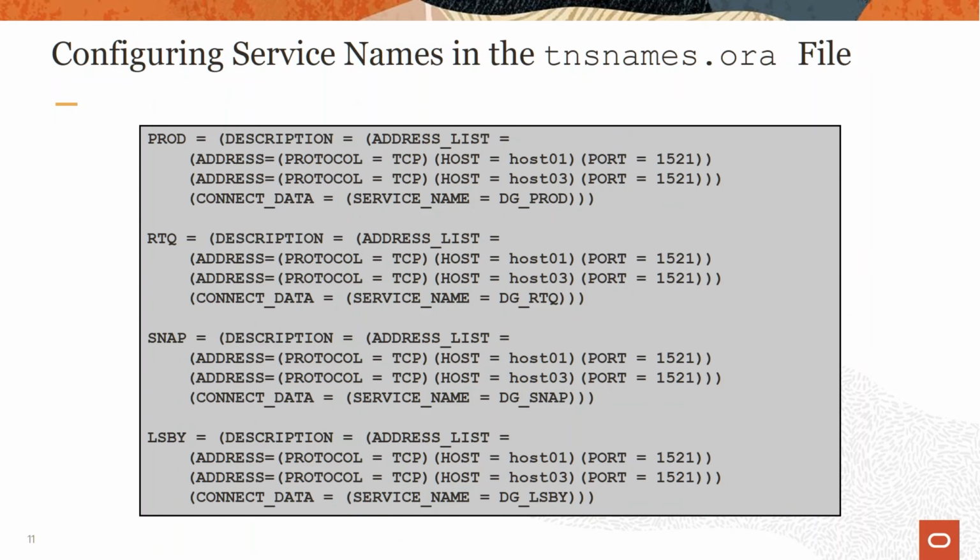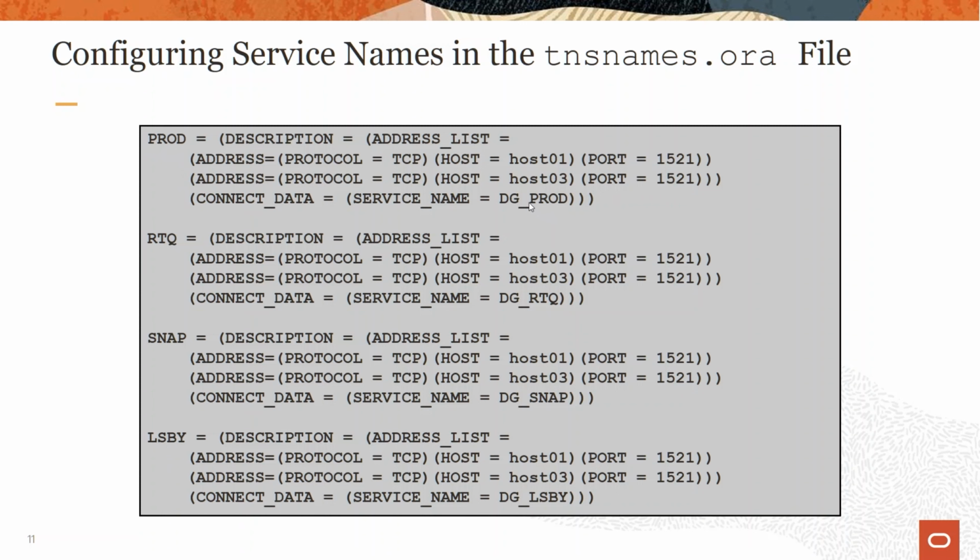Now, how can a client connect to a database instance? The client can define a net service name in a centralized location using LDAP or a local network configuration file like tnsnames.ora or the easy connect method. So in this example, we have prod.